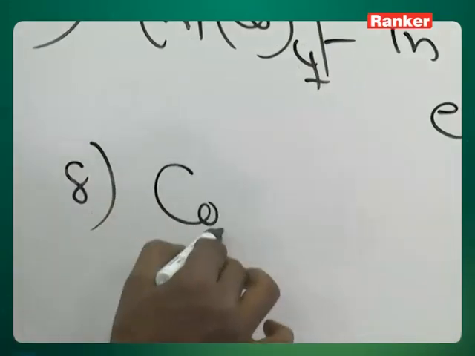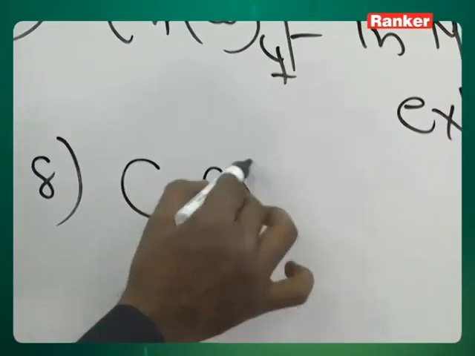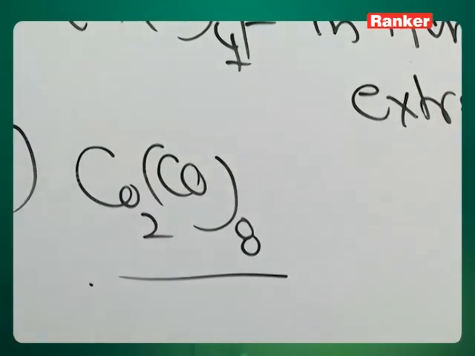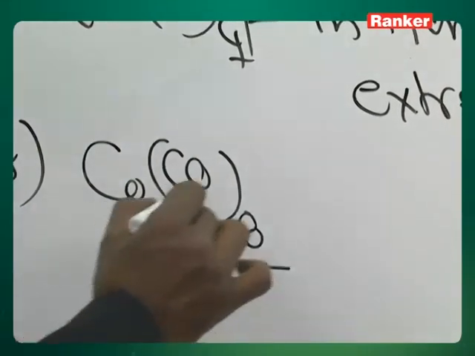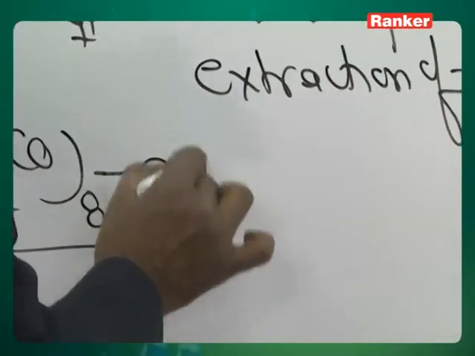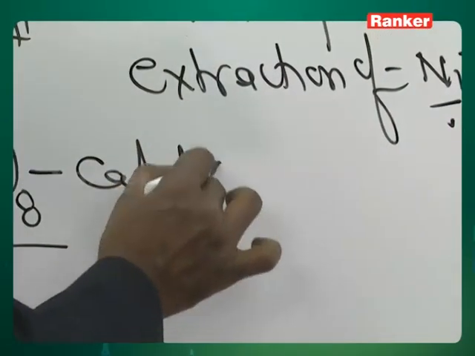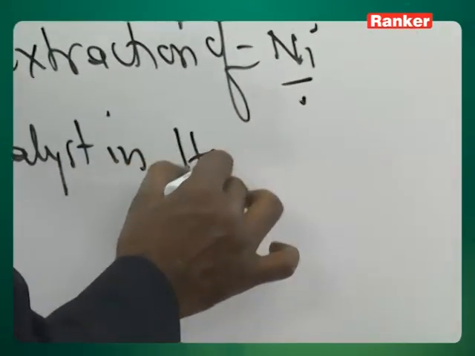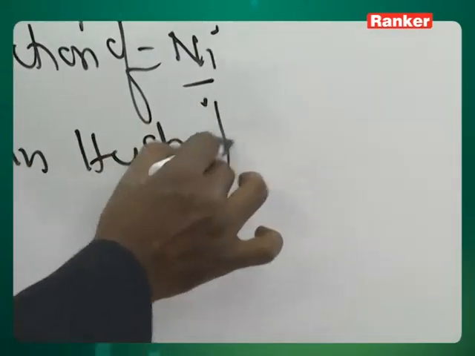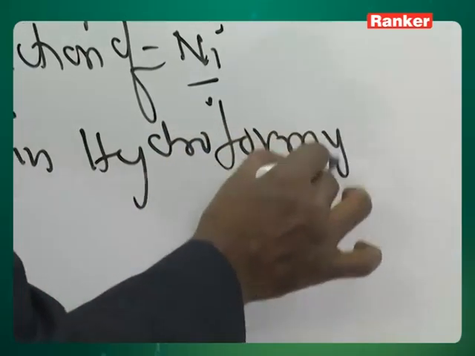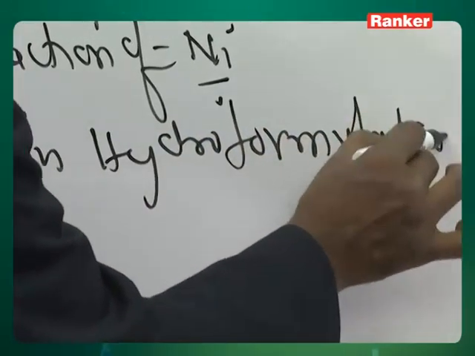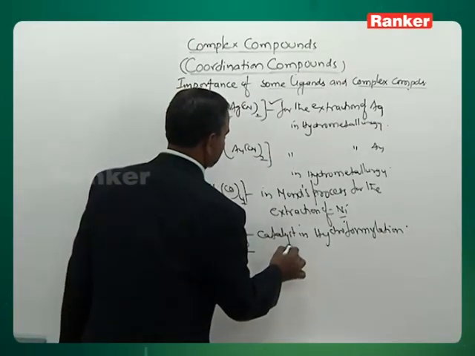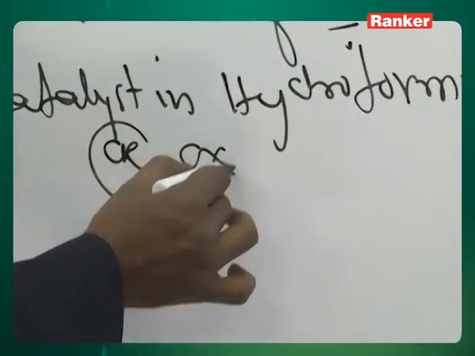Say the cobalt complex, dicobalt octacarbonyl, acts as a catalyst in hydroformylation or the oxo process.